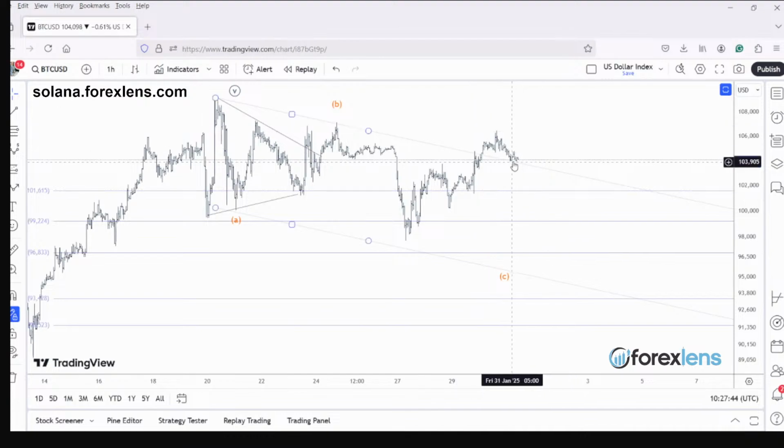Maybe you can buy partially with a stop around 97. If it drops lower towards 101 or 99, you might add some more, but keep your stop loss around 97. Ideally, if it is back testing and completing the back test, it should resume higher from here itself.